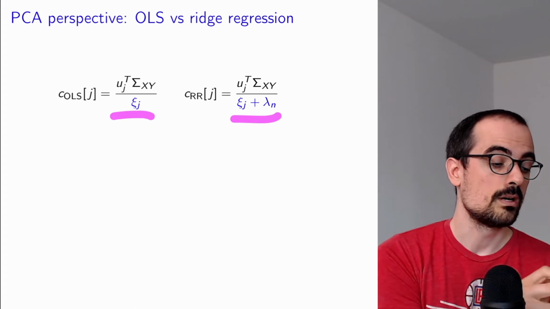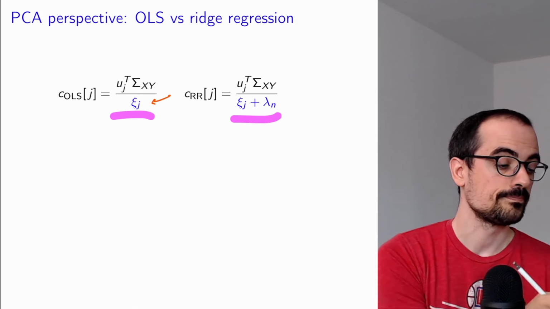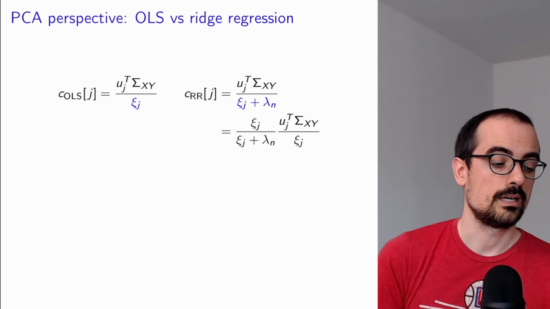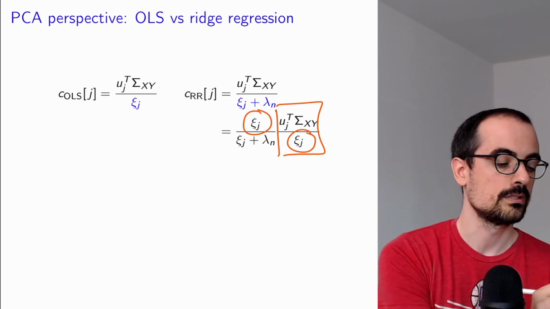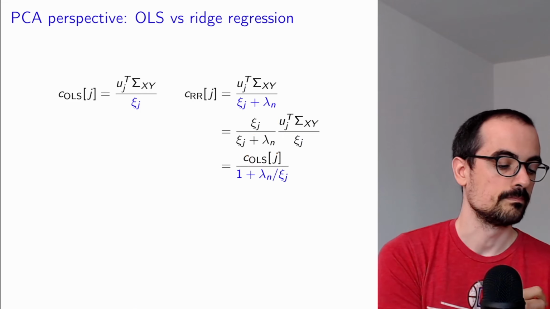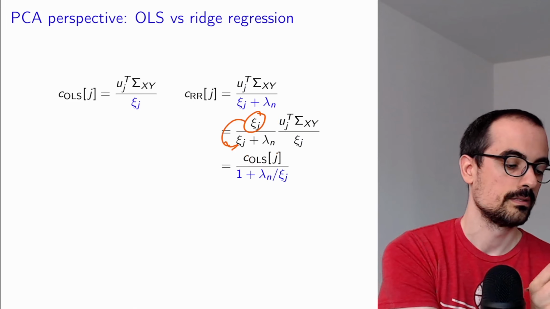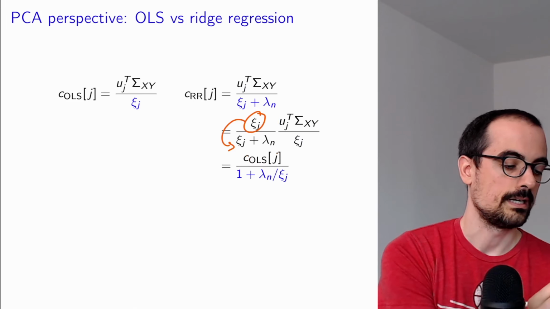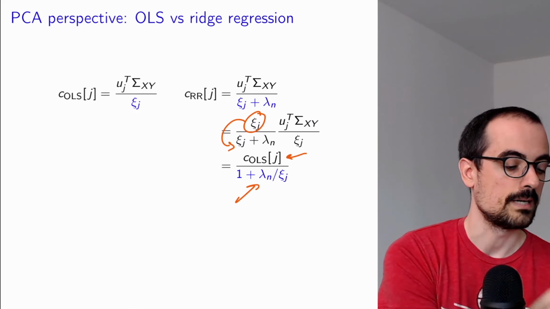We just need to multiply and divide by this guy, and multiply and divide by this guy, and now we have the OLS amplitudes times this term, where if we bring this guy down, we just have the OLS coefficients divided by a certain value.